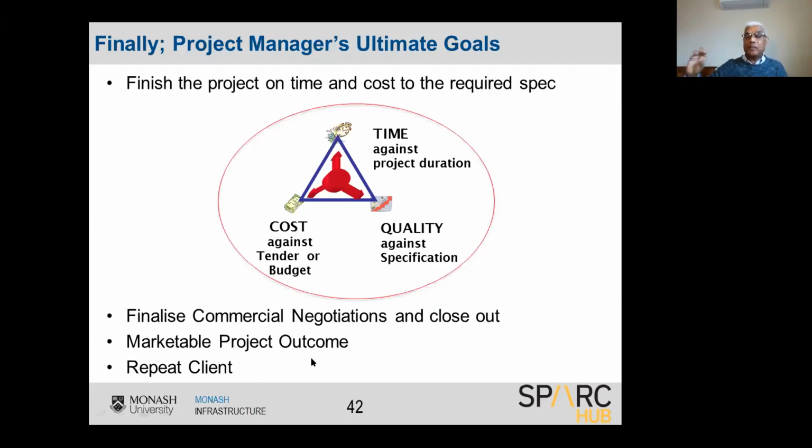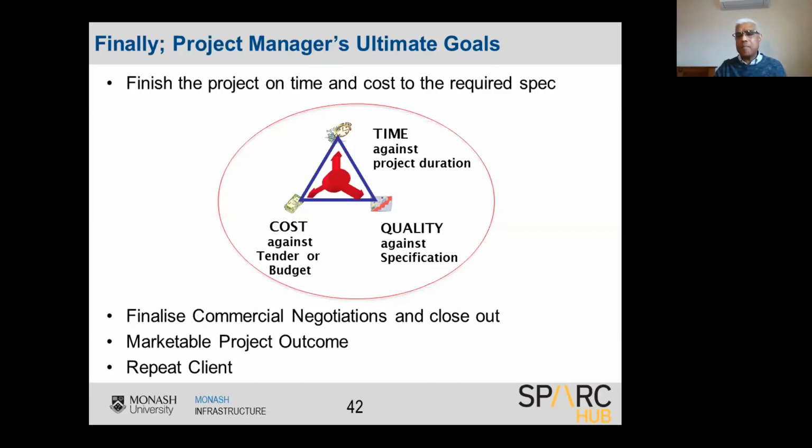Whether the project is on time or not, 3 months delayed, or 500,000 overspent, everybody, the stakeholders, all the project members, even the client and your boss, everybody says that's a successful project. That is the idea of a project manager. And then that's when you can get the repeat client. The clients will come back.